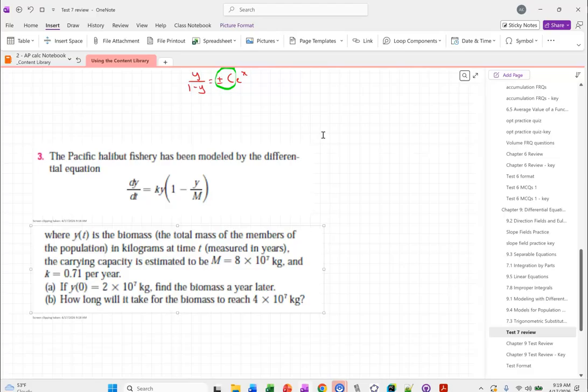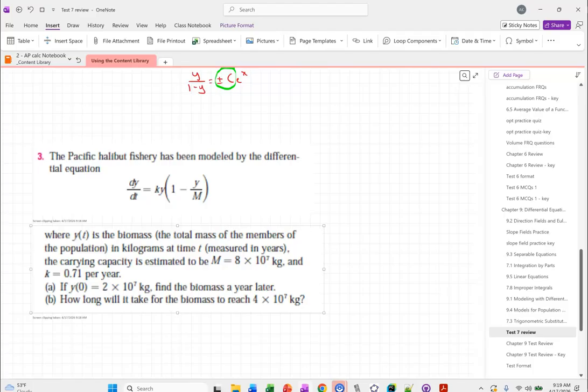The carrying capacity is estimated to be some value, and k to be some value. Then it says if y naught is some value, find the biomass 1 year later.